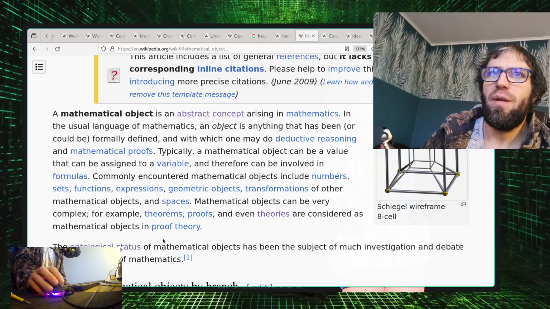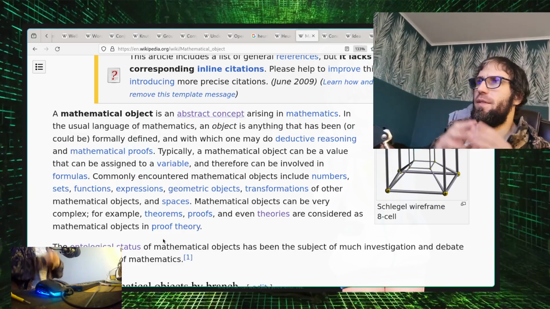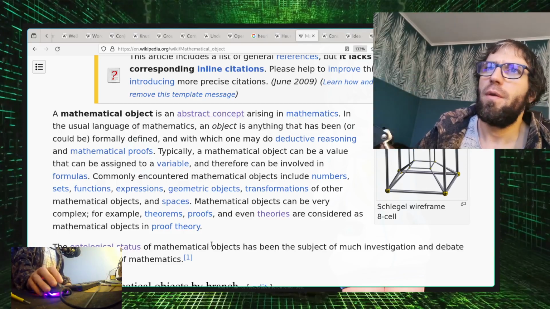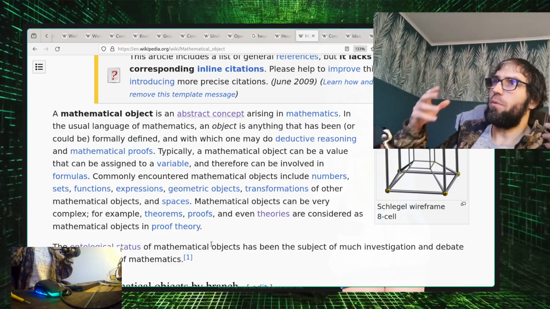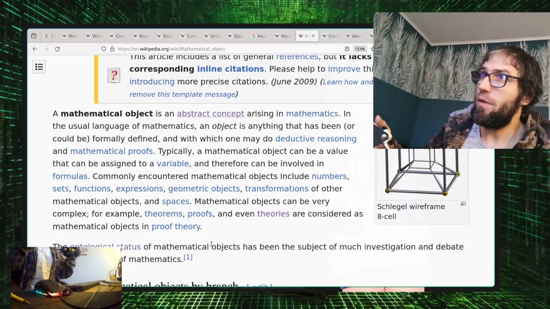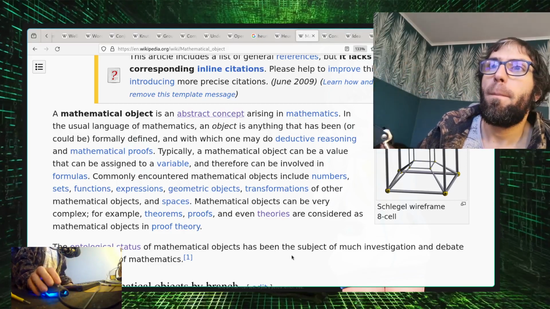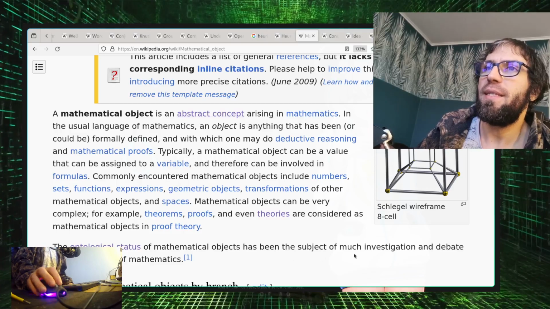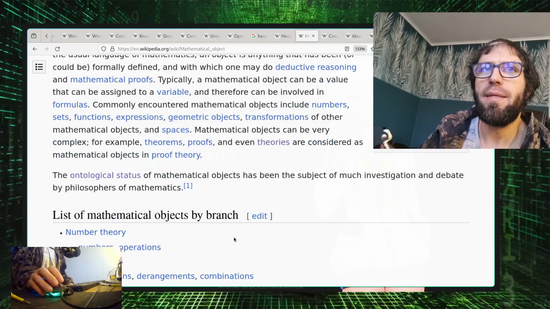In proof theory, okay, proof theory can investigate all the other theories as objects. As algebra works with numbers, proof theory works with other theories. So abstraction grows and grows. The ontological status of mathematical objects has been the subject of much investigation and debate by philosophers of mathematics.